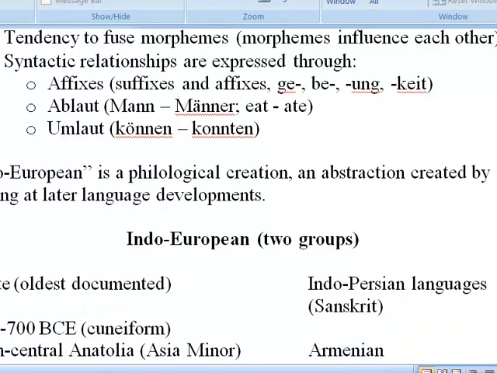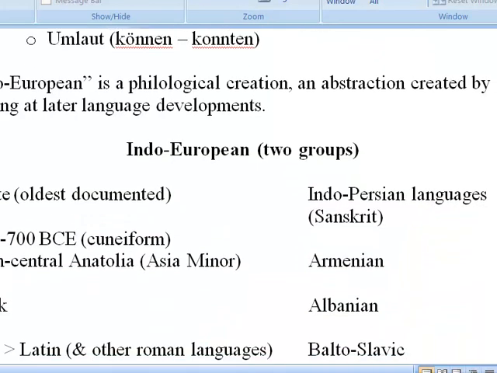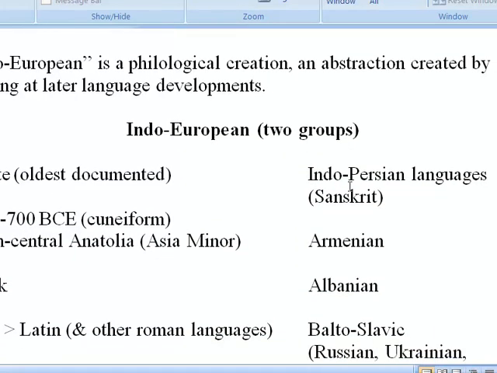Just one thing to point out, Indo-European as a notion is something that we don't have any proof of. It's kind of a philological creation, you could say, created by language theorists by looking at later language developments and theorizing about how the languages became interrelated in the way they are. In this notion of Indo-European, there are two different groups.